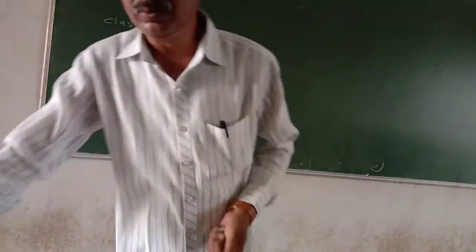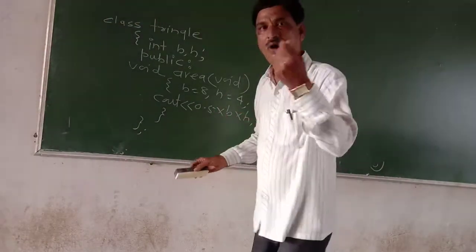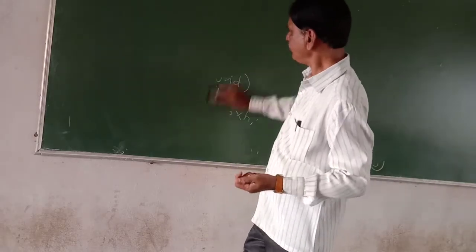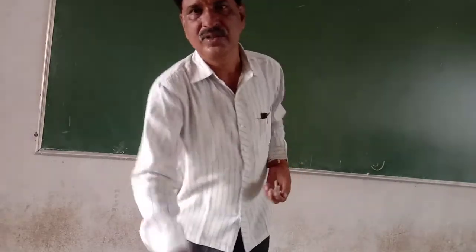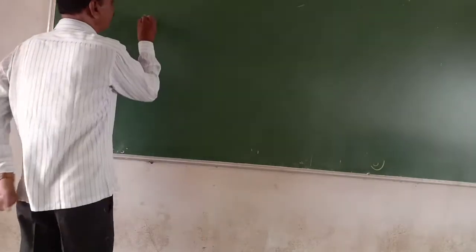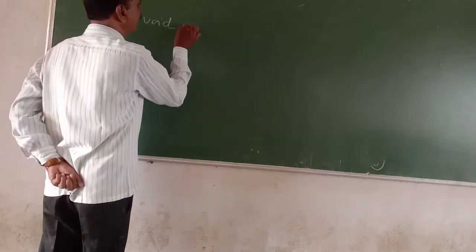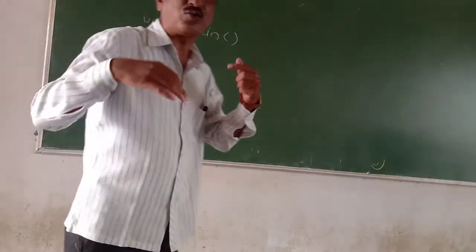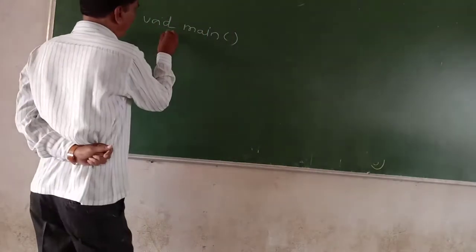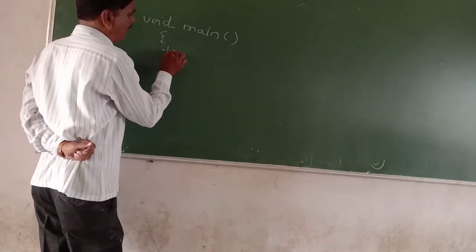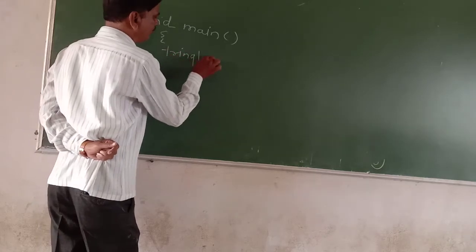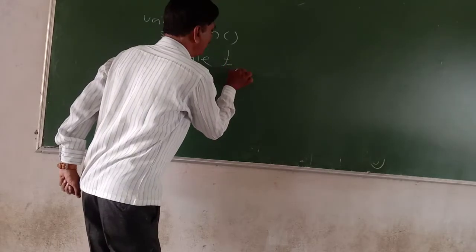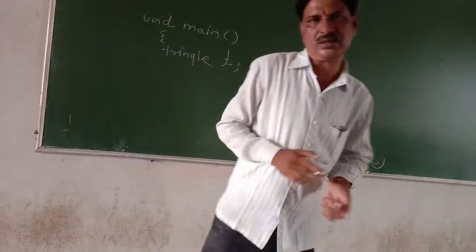Now we have to create the object. Objects are created inside main. The name of the class was triangle. Now the name of the object should be T. We know that objects are variables.